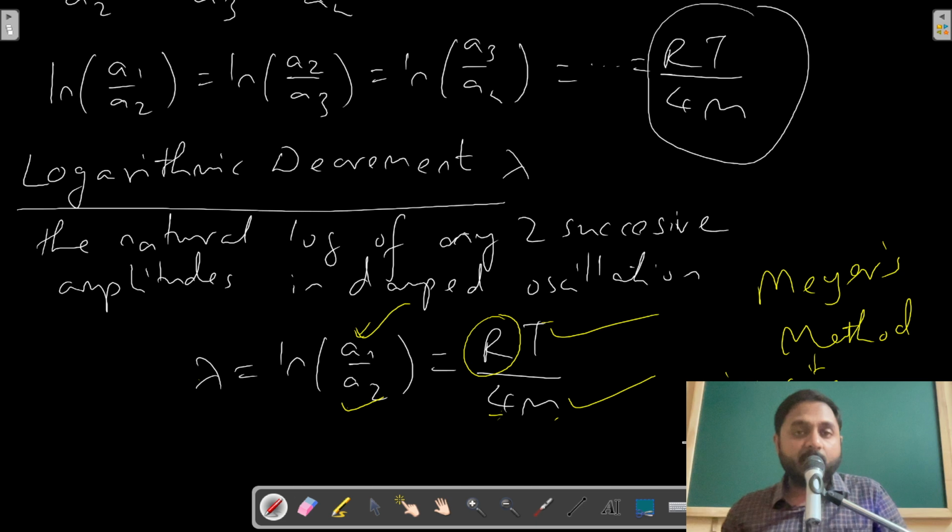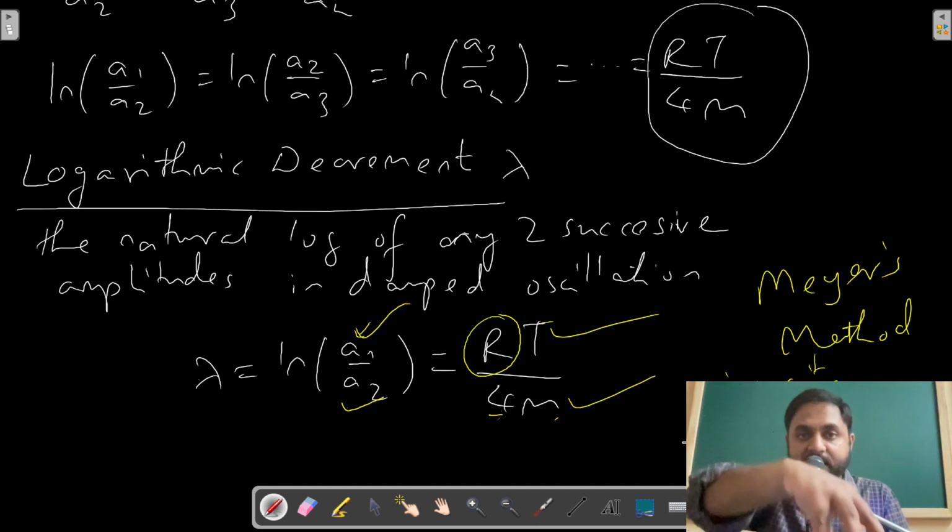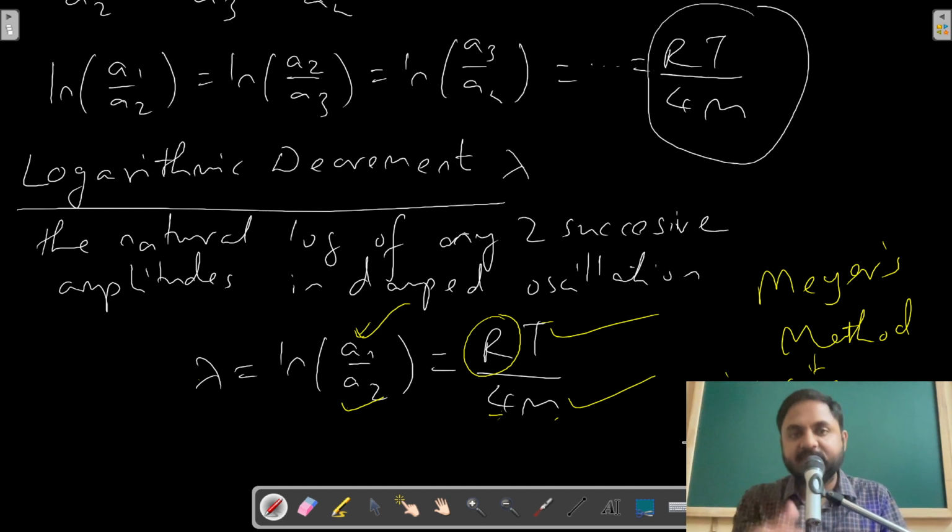What they do is they take any liquid, immerse a disc in it, give it torsional oscillations, and then find the log decrement. Of course, the formula is slightly modified because it is an experimental procedure, but when you find the log decrement using this formula RT by 4m, you can find the viscosity of any liquid. So this log decrement is of great practical value.